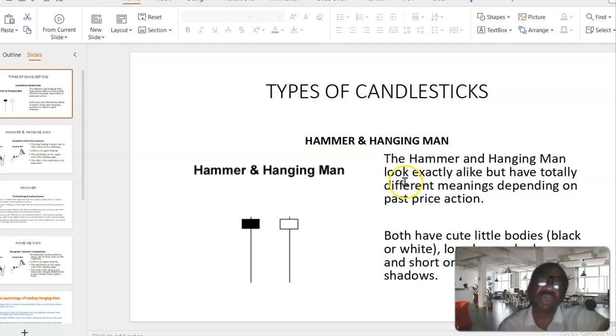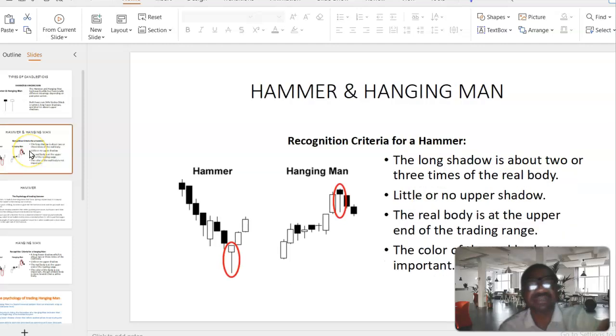This shape is always called a hammer. Let's look at a hammer or a hanging man, and their recognition. In a chart, you can always see a hammer here. A hammer is always used for reversals.